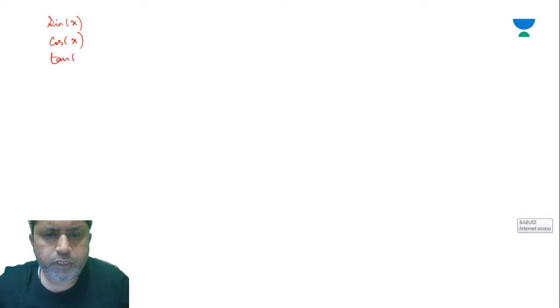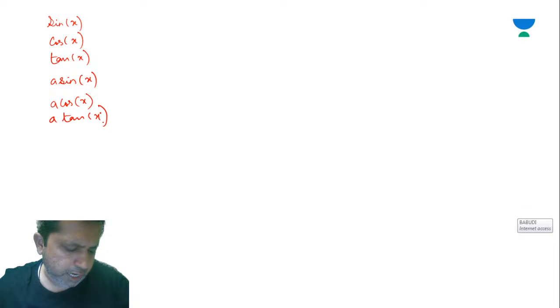These are predefined functions. asin x means sin inverse, acos x means cos inverse, atan x means tan inverse. Okay, so this is how you define the functions.